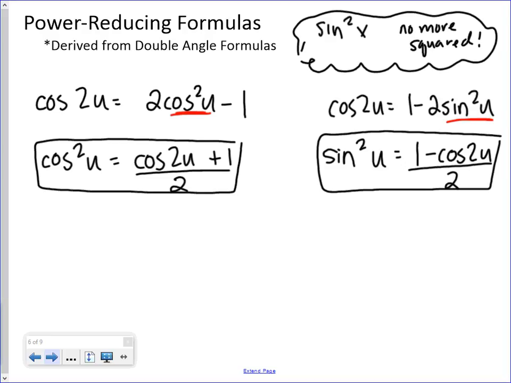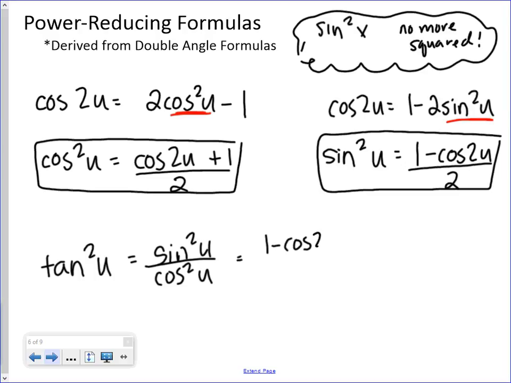The last one we're going to do is tangent squared. And instead of using the tangent sum and difference, we're actually going to use the quotient identity. So if you remember back to 5.1, tangent squared as a quotient identity is really sine squared divided by cosine squared. And we know that sine squared is 1 minus cosine 2u all over 2.